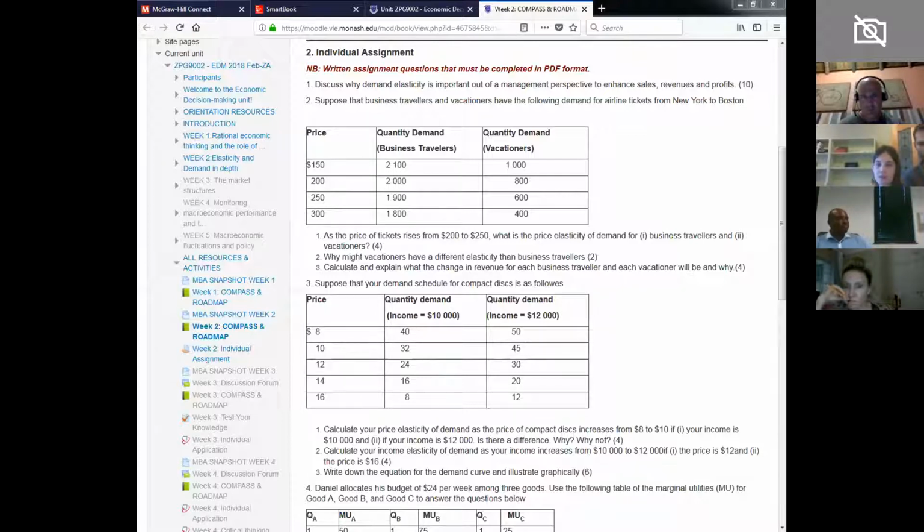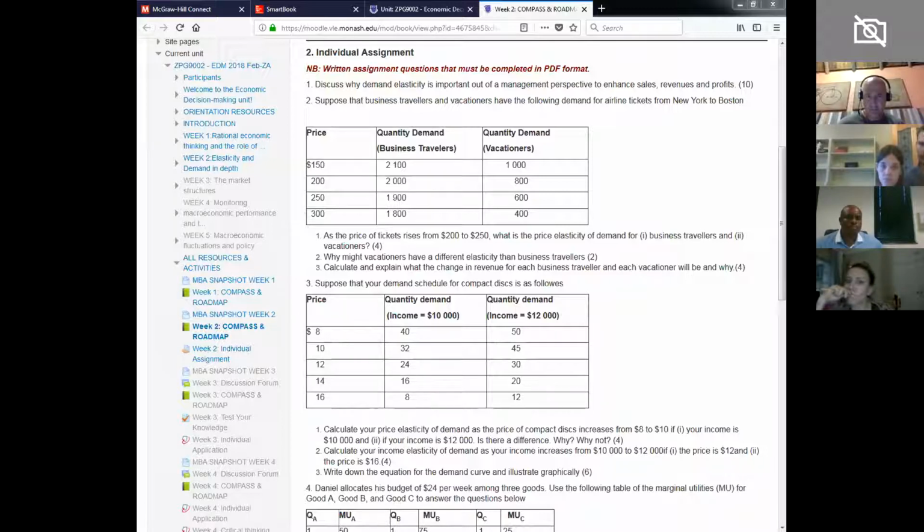It's number 3. Number 4, isn't it? No, it's 4. Yeah, sorry. No, that's number 2. Look at when the price was 150. If the price is $150, what will be the quantity demanded of the business travelers?